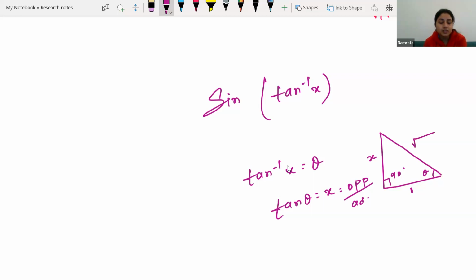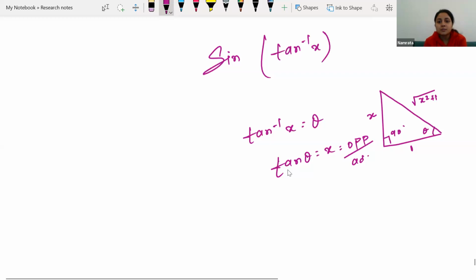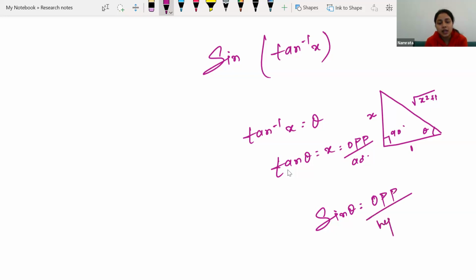What will be the hypotenuse? Hypotenuse will be the sum, that is x square plus 1. I can see x square plus 1 in the options too. What will be sine theta? Sine theta formula is opposite over hypotenuse. So opposite is x, hypotenuse is under root x square plus 1.